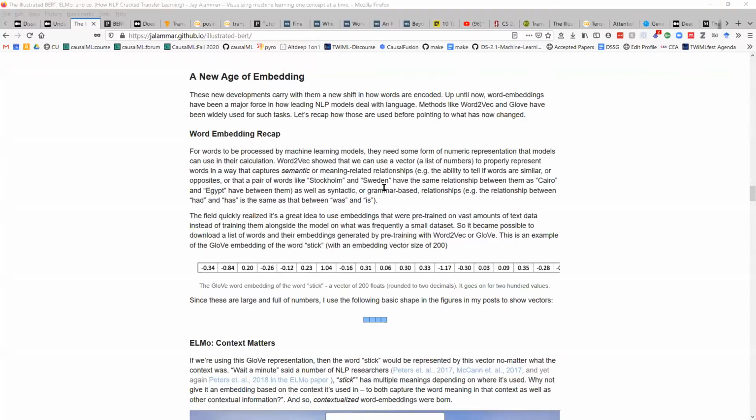And then the second task that it's trained on is actually sentence prediction, where it's given pairs of sentences, and we'll see that again below. In 50% of those pairs, the second sentence is actually the one that follows the first sentence in the training corpus. But in the other 50% of the sentence pairs, the second sentence is just a random sentence, so it's not connected in any way with the first sentence.